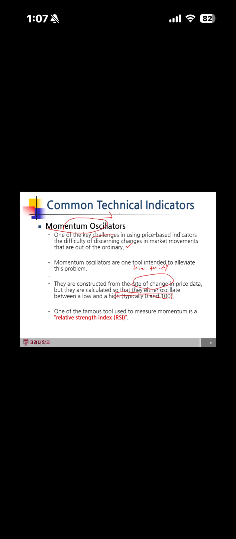And one of the most widely used momentum indicators, the oscillator, is called the relative strength index. The relative strength index, commonly called the RSI, is one of the most popular momentum oscillators used in technical analysis.